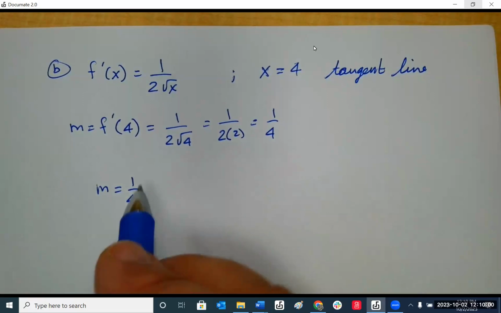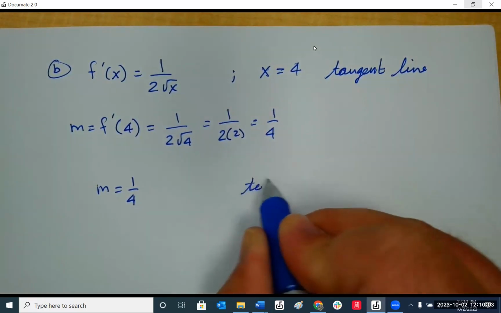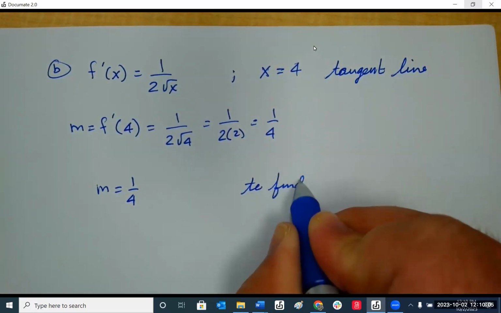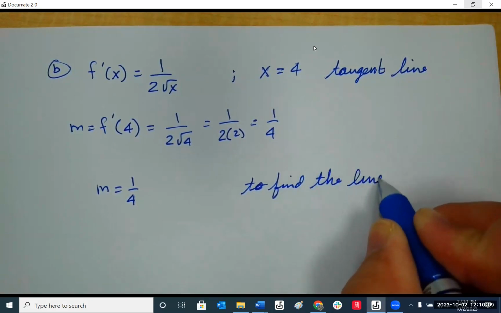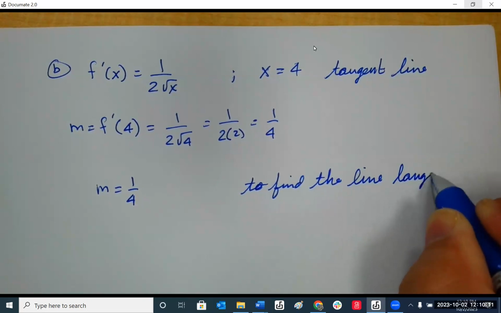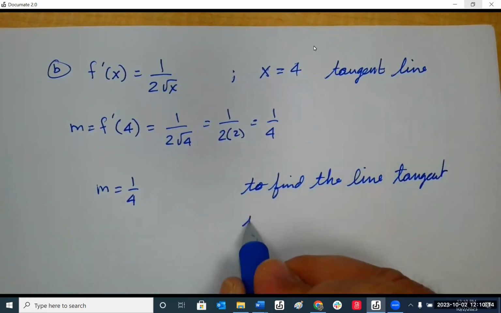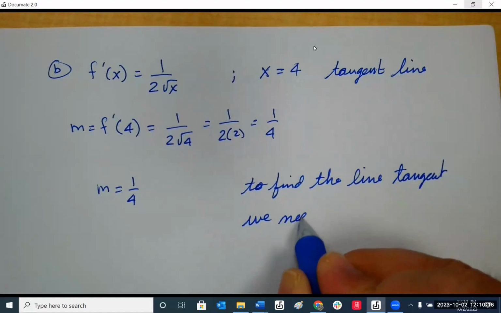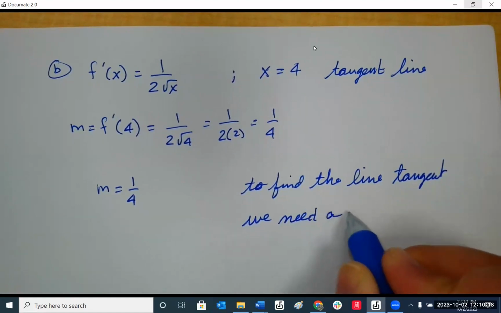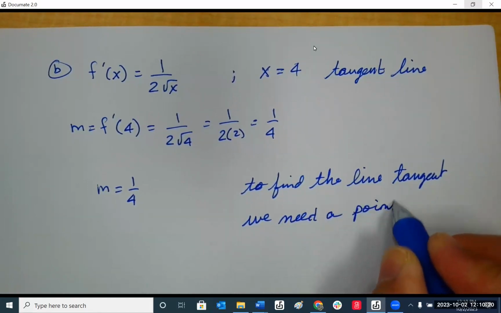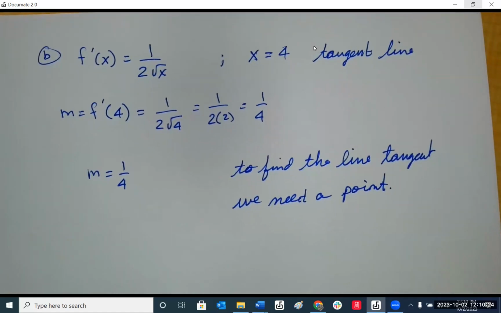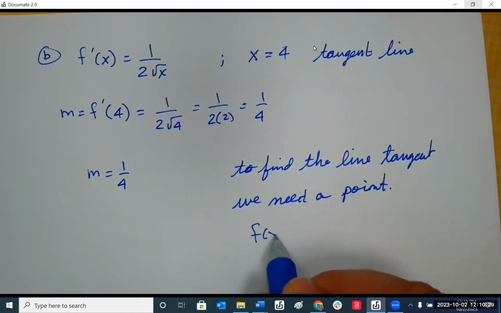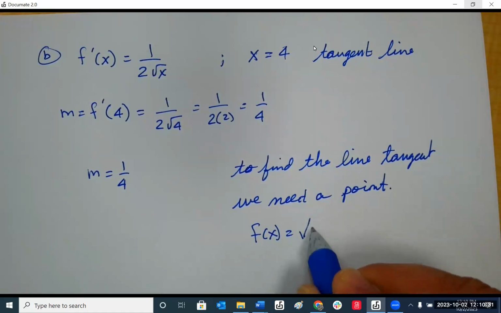So to find the line tangent, we need a point. We know that f of x equals square root of x.